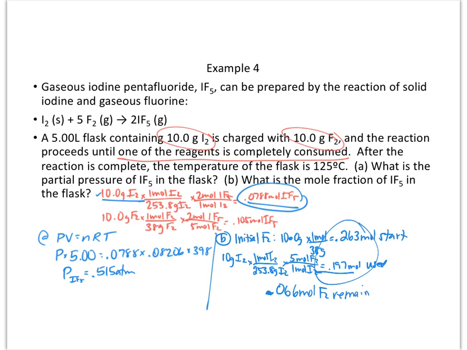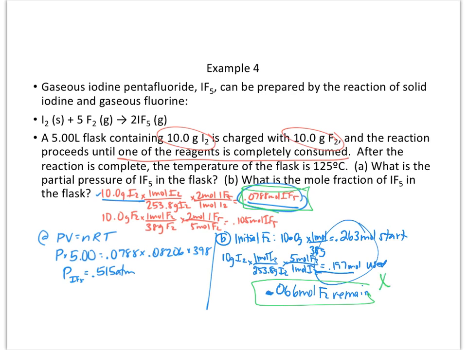Okay, now the question B is what's the mole fraction of IF5? Well, if I know how many moles of IF5 I made, which I figured out here, and here's how many moles of fluorine are left in the tank, I can figure out the mole fraction.